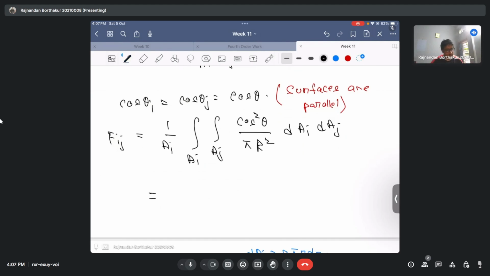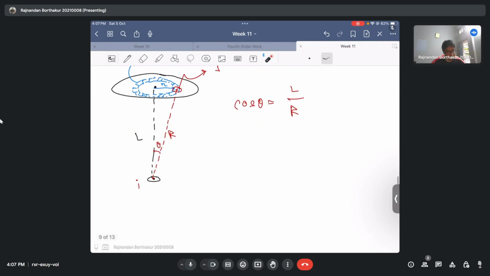So one more simplification I will do. I can write this as integral over Ai dAi, because your dAi is not a function of theta. That is because i is a differential surface, and that's the assumption taken, that Ai is very much less than Aj.